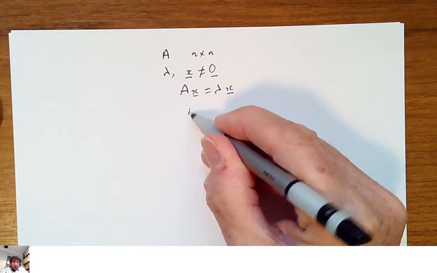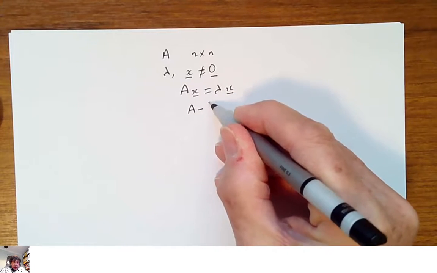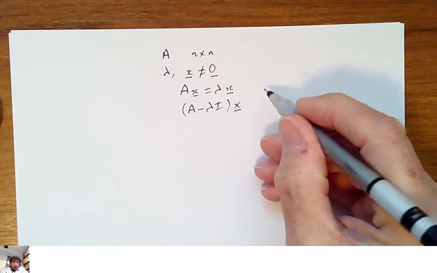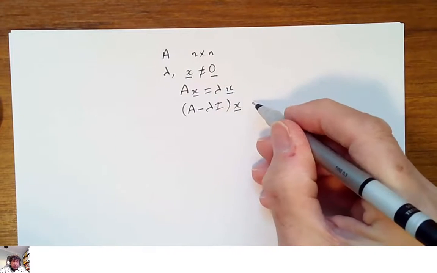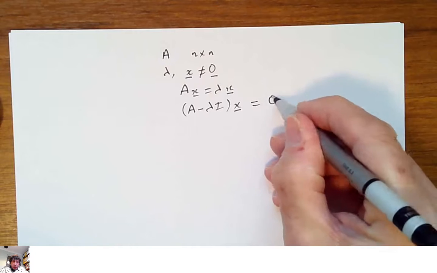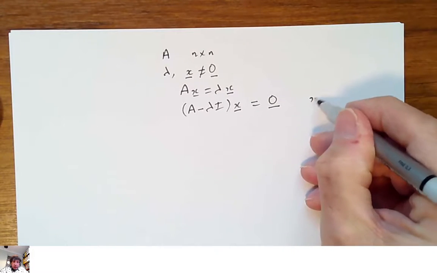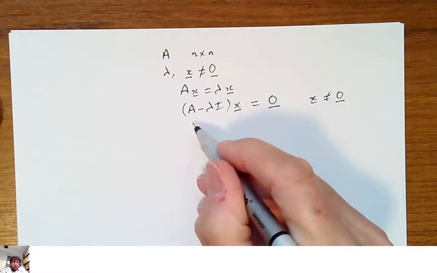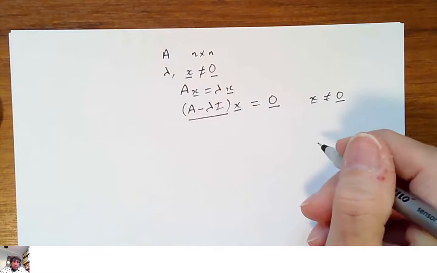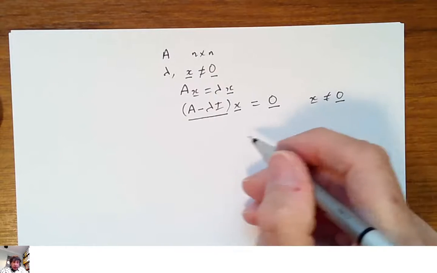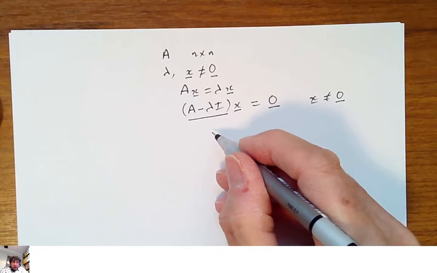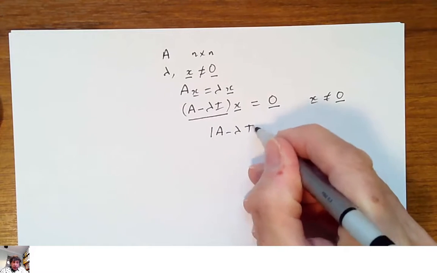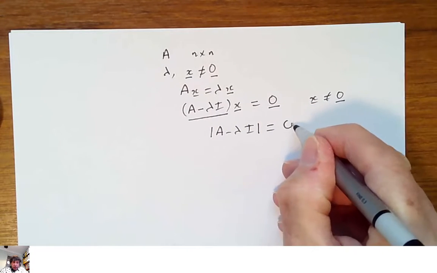On rearrangement, this set of linear equations for x and eigenvalues lambda can be rewritten in this form, and because x has to be non-zero, this matrix here must be singular, it cannot have an inverse. Its determinant must be 0.